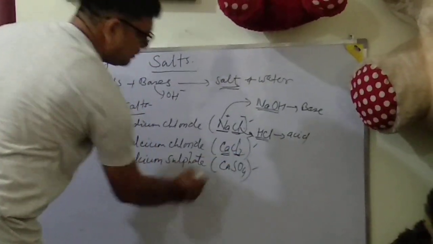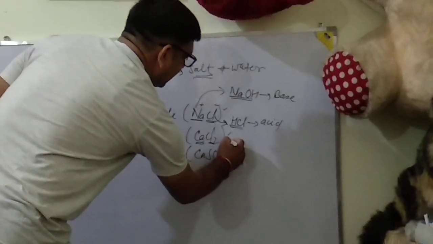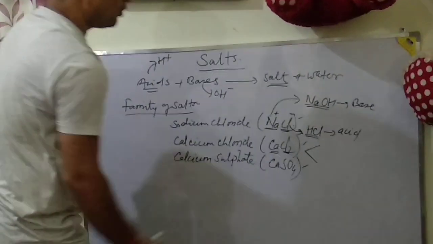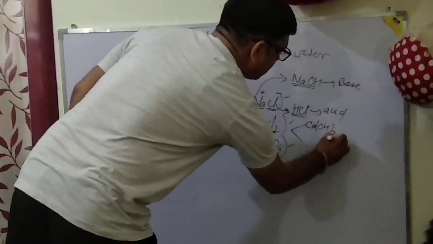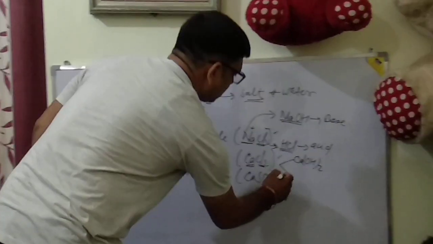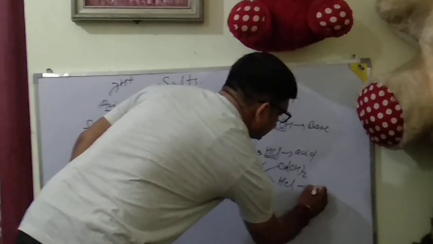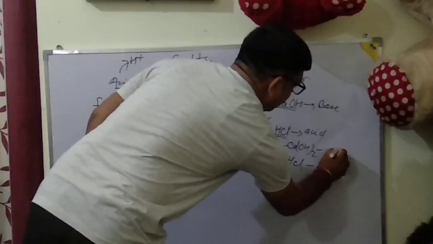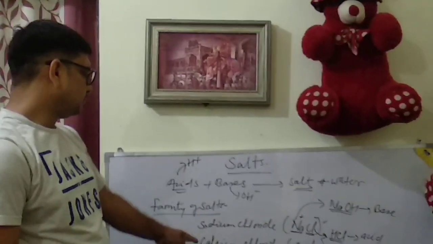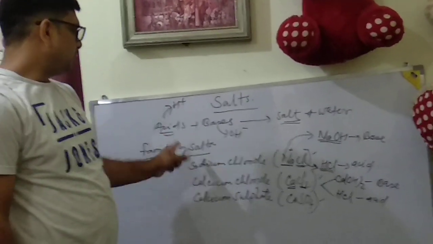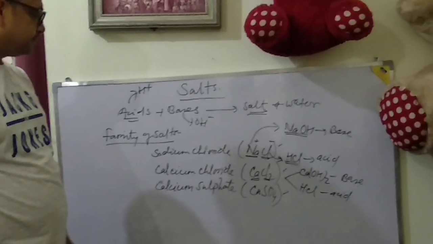In the same way, in the salt calcium chloride, the acid and base which form it will be: the base will be Ca(OH)2 and the acid will be HCl. HCl will be the acid and this will be the base which reacted to form this salt, calcium chloride.